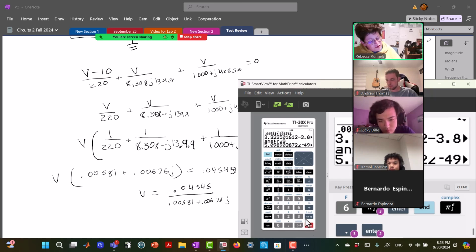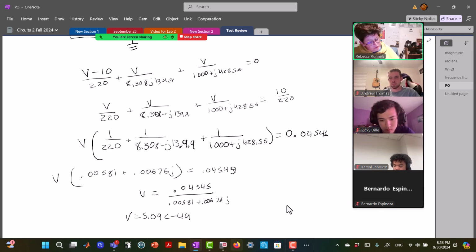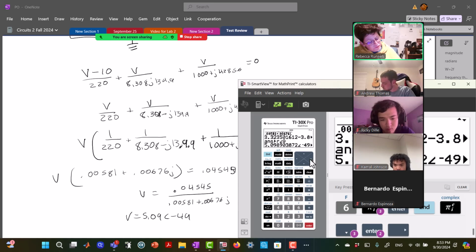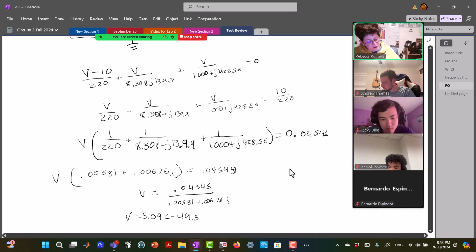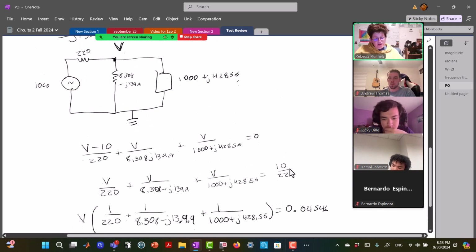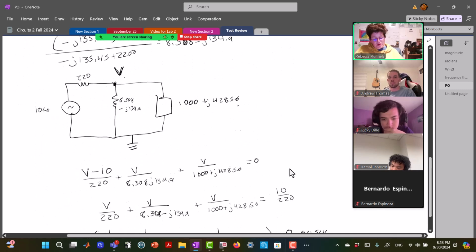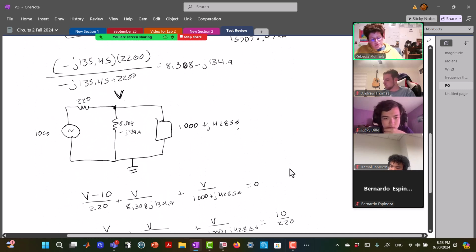And I get 5.09 angle negative 49.3 degrees. Okay, so that is the voltage right here.